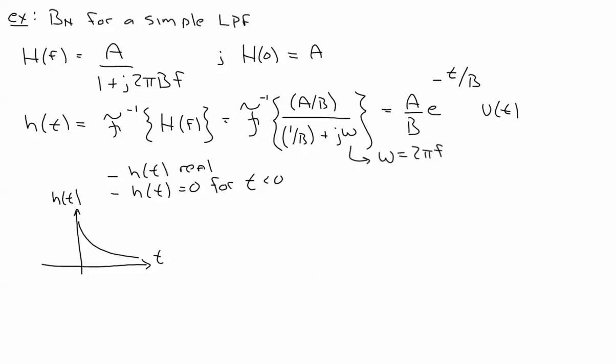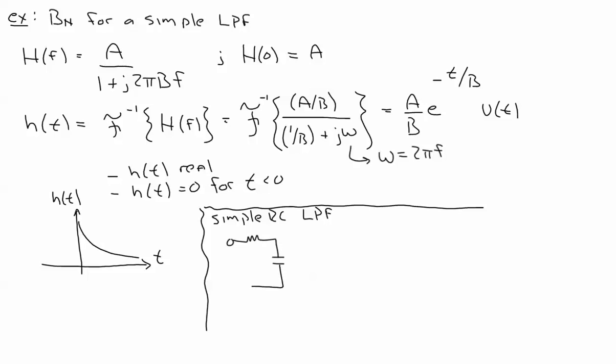For a simple RC low-pass filter, something that looks like this, resistor, capacitor, through voltage division, I can find that the transfer function is just 1 over 1 plus j 2 pi RC f. I find this by voltage division.